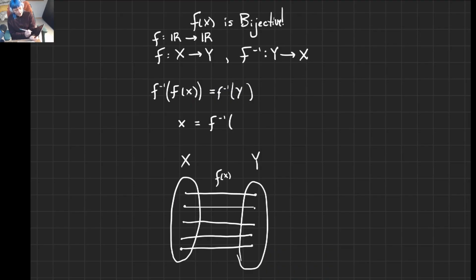It would be f inverse of y, because you're taking in inputs of y now, and then that is bringing you to x. And so here we have f of x for our bijective function. Well, your inverse of y is going to take you in the opposite direction.